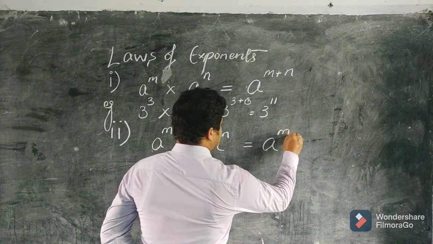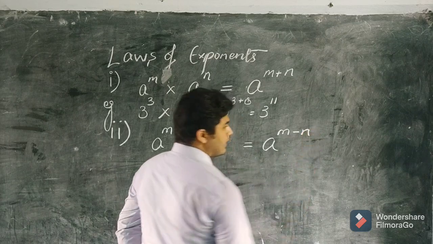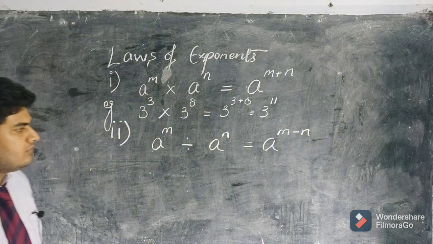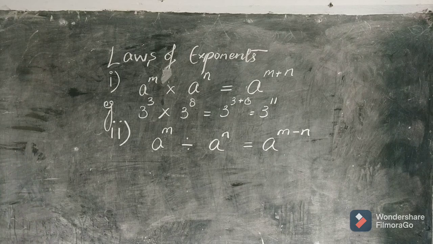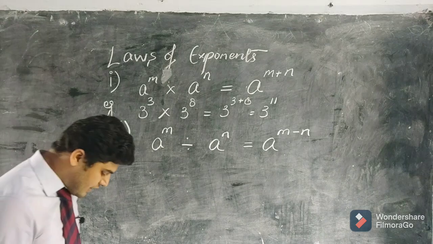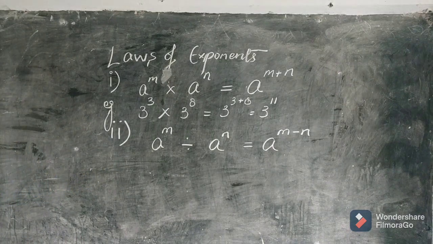So you can write it down as a to the power m minus n. In division, if the base is same, the power is subtracted. In multiplication, if the base is same, the power is added.